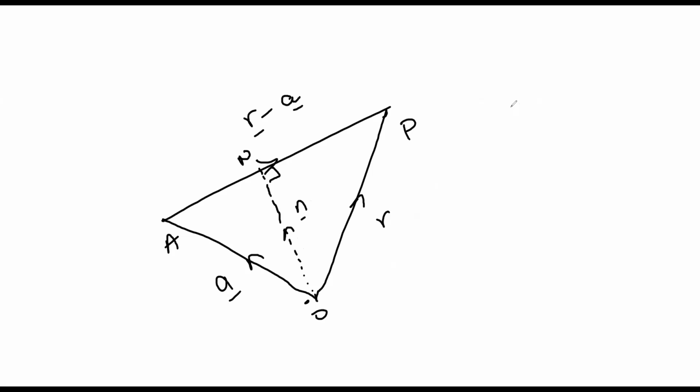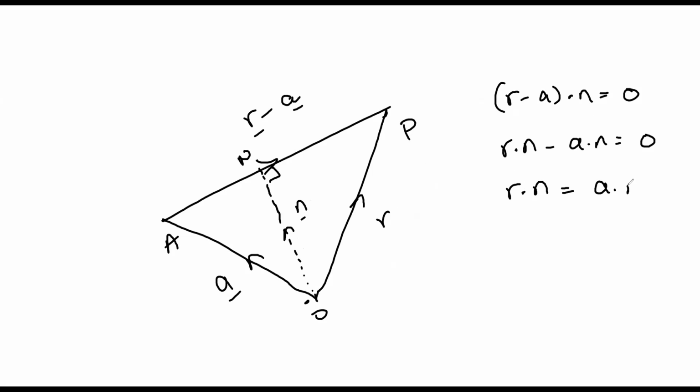So we know that R minus A dot N is going to be equal to 0. This R dot N minus A dot N is equal to 0. So this R dot N is going to be A dot N.